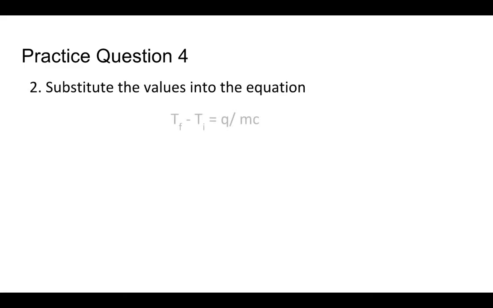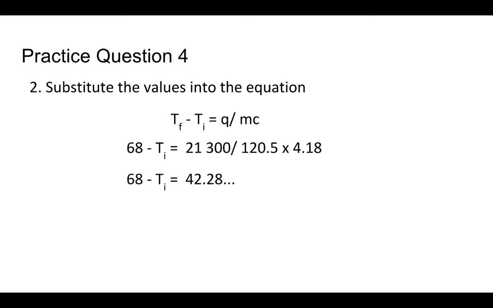Then we substitute the values into the equation. So 68 minus Ti is equal to 21,300 over 120.5 by 4.18. And that's going to give us a value of 68 minus Ti equal to 42.28. And then all we need to do is a little bit of simple algebra. So we're going to move the 68 over to the right-hand side of the equation.